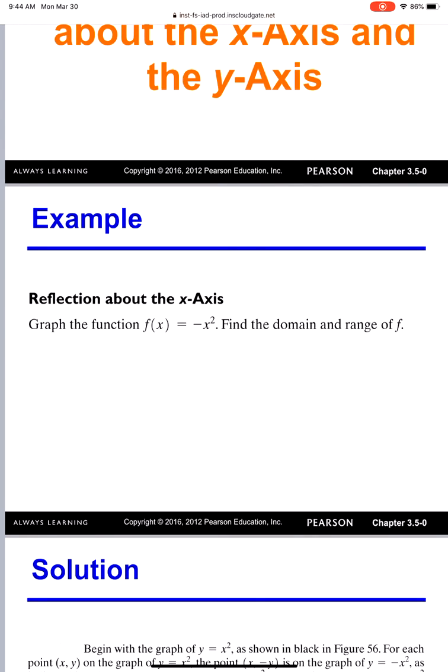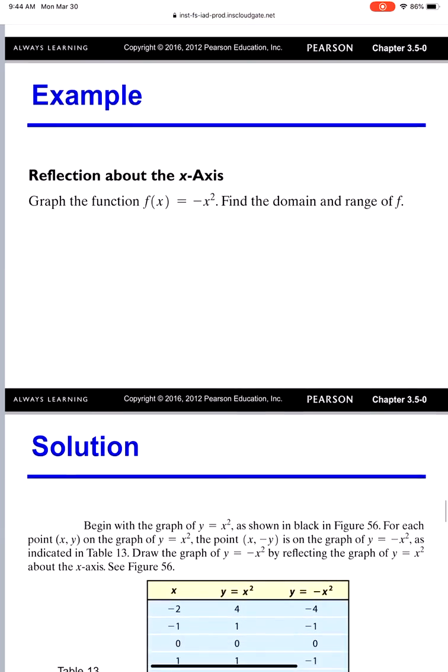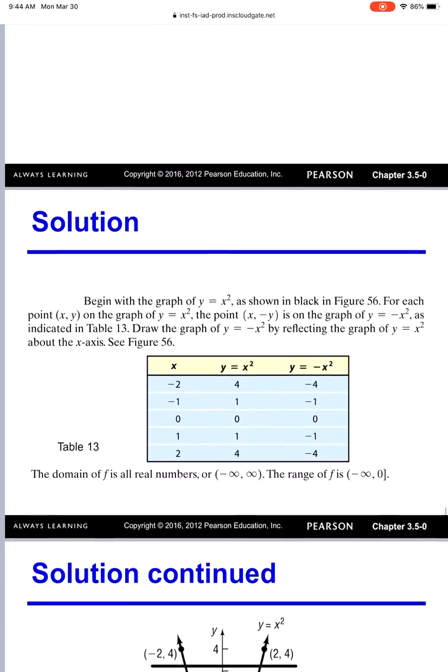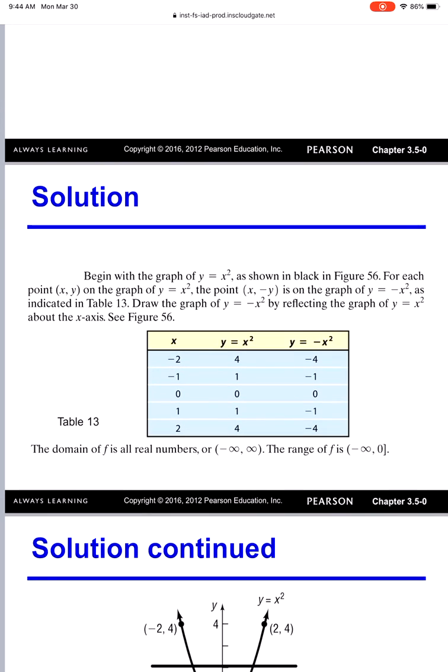So graph the function f of x is equal to negative x squared, find the domain and range. So what happened here, in this solution, you see x and y, they pick some points for the function y is equal to x squared. So you have points negative 2, 4, negative 1, 1, 0, 0, 1, 1, 2, and 4.